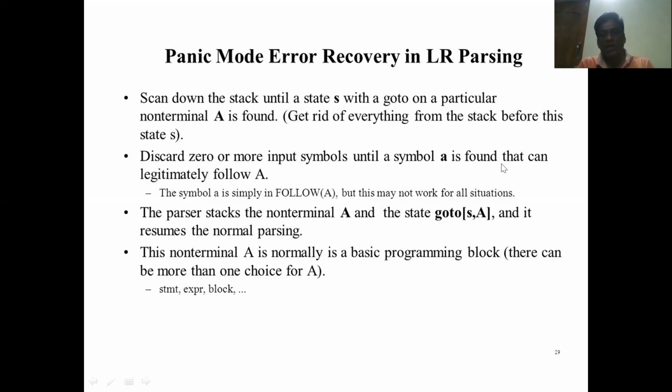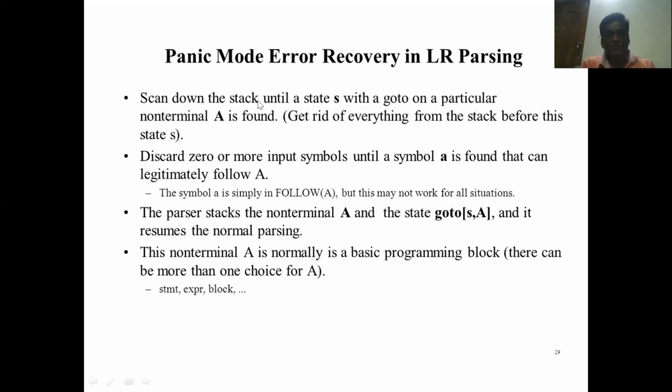This small a must be in the follow set of the variable capital A on which go-to is defined. So go to of s has this symbol capital A, and you need to look at the follow set of A and discard all the symbols from the input buffer until a symbol from the follow set of capital A is identified. You can have any symbol from the follow set here; I'm just showing small a.